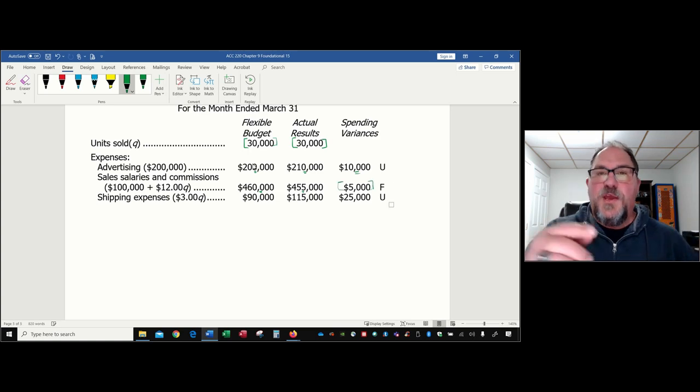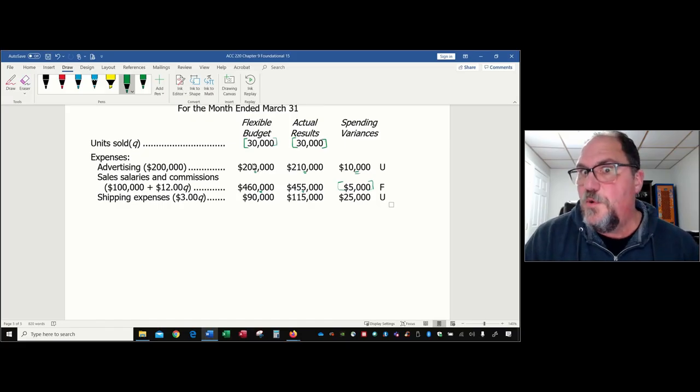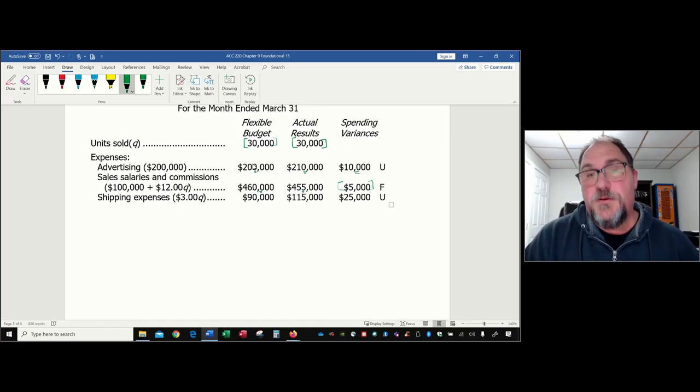By the way, if you're ever trying to figure out if something is favorable or not, pretend it's your money. That's the easy way to do it. If you're like, wow, we spent $5,000 less on payroll, and that $5,000 is your money, you're happy. If you said we spent $10,000 more on advertising, and that was your money, you're not going to be happy. To me, that's the easiest way. Pretend it's your money. Would it make you happy or not?